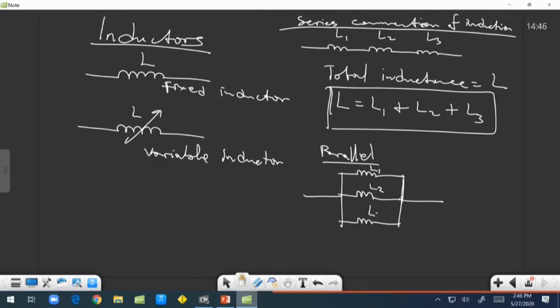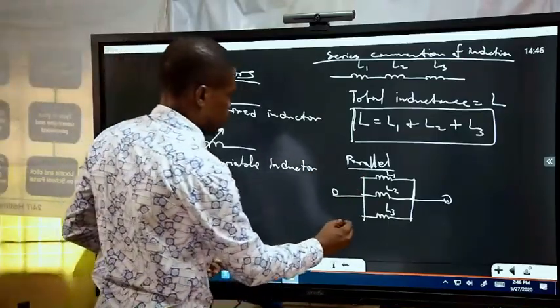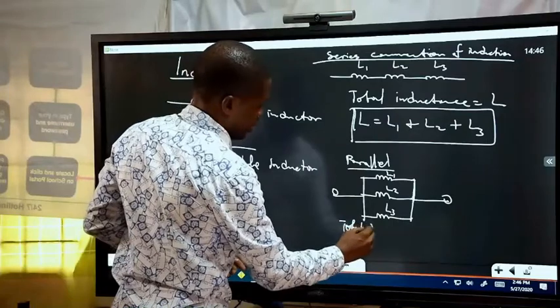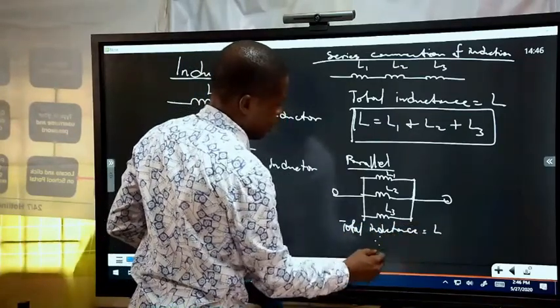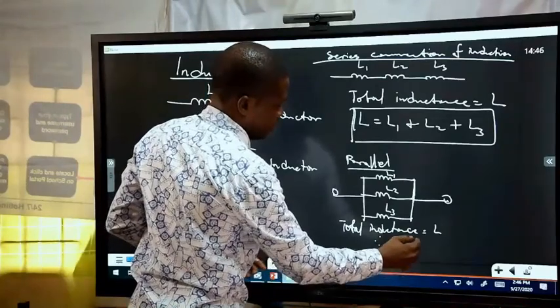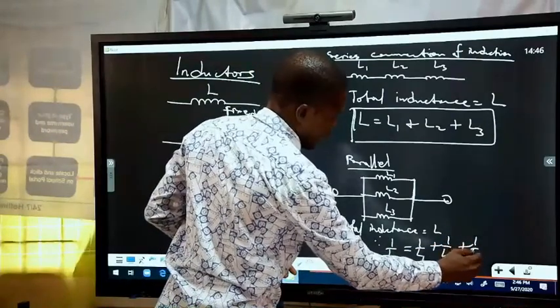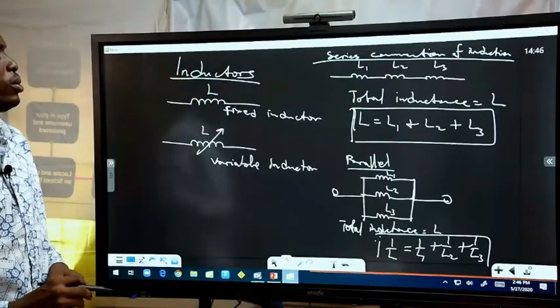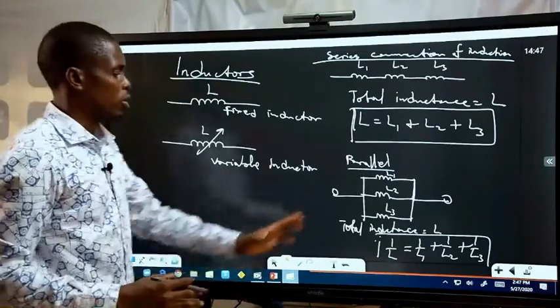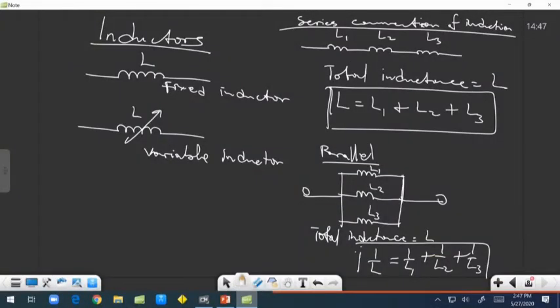When they are connected in parallel, the total inductance in this circuit, which is L, is determined by using the inverse. 1 over L is equal to 1 over L1 plus 1 over L2 plus 1 over L3. So this will give us the total inductance in the circuit. When we have three inductors in parallel, you find their reciprocals and add them. When you have them in series, you add them directly.